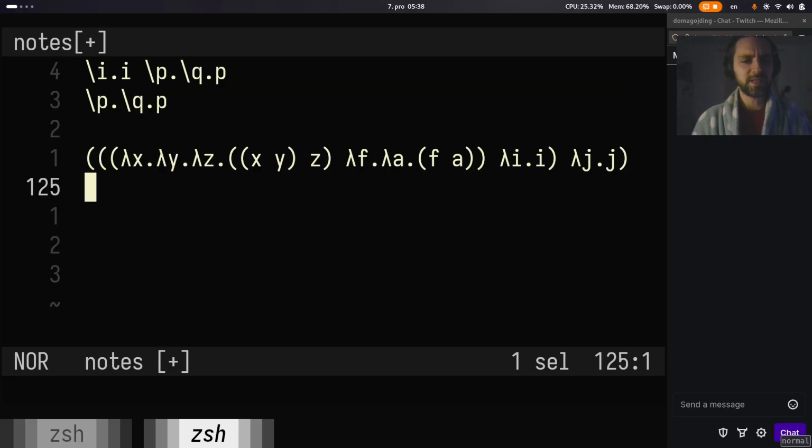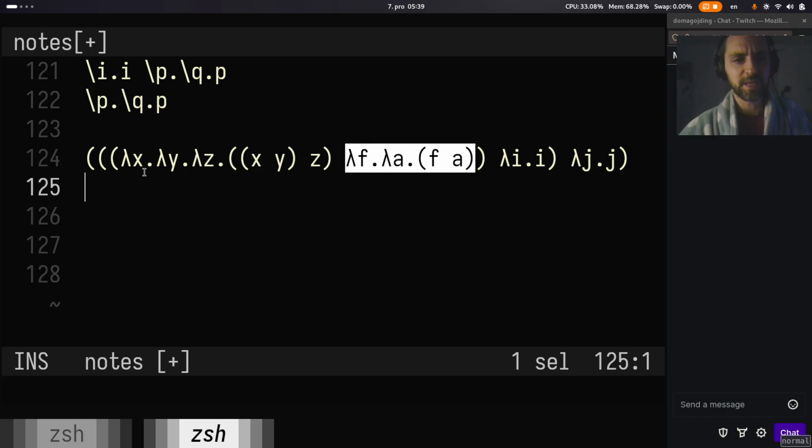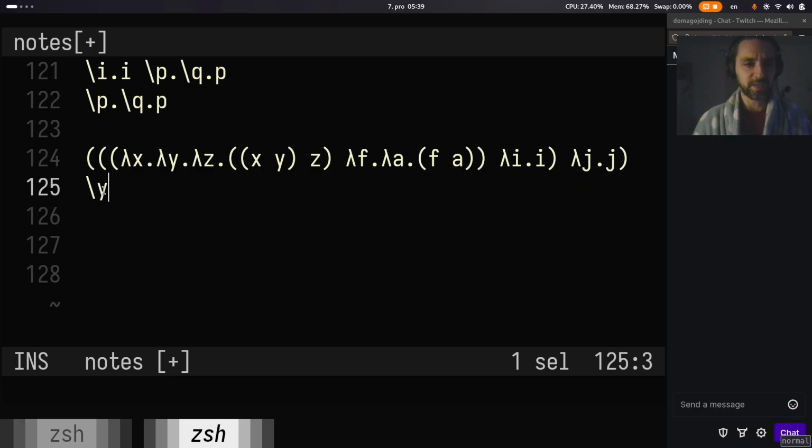So I didn't delete the head. I put the expression inside of the head that I was supposed to remove. And I didn't put it here. So weird. So right, we need to substitute this thing for the x. So we remove the head. We remove the head. So it means we have lambda y dot lambda z dot, and inside we're going to get lambda f dot lambda a dot fa.